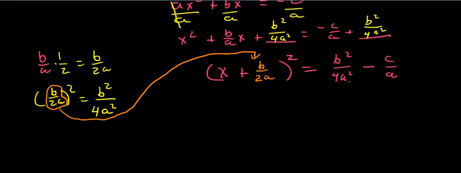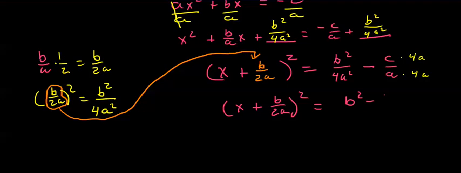I now need a common denominator. So I multiply by 4a, top and bottom, and I have x plus b over 2a squared equals b squared minus 4ac, all over 4a squared.